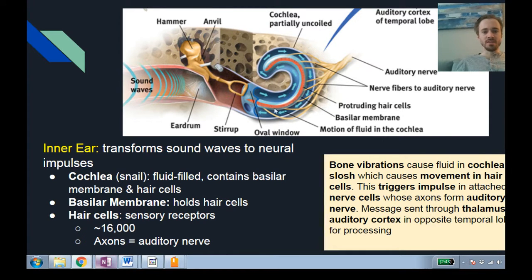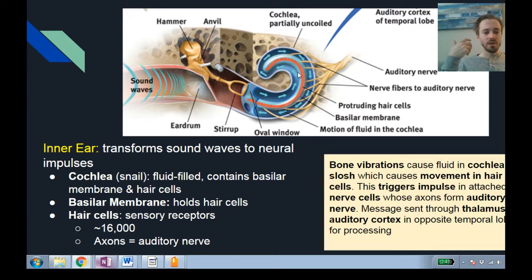What's happening in this weird, funky snail thing is that it is fluid filled, and within that fluid it has this basilar membrane. And in this basilar membrane, it has all these little hairs, and these hairs are basically catching on to the frequency, the pitch, the amplitude, and kind of like the rods and cones in your eye, these hairs are sensitive to the different sounds.